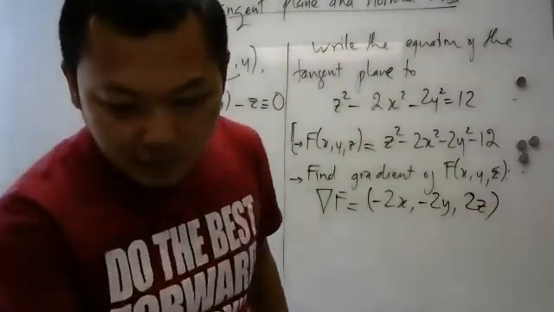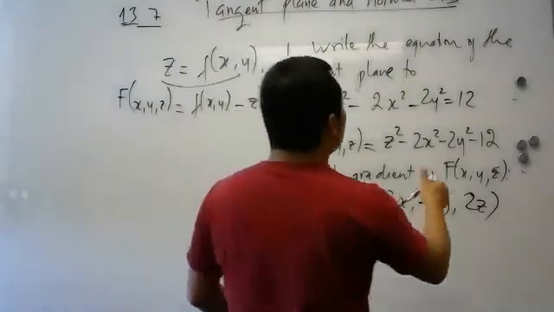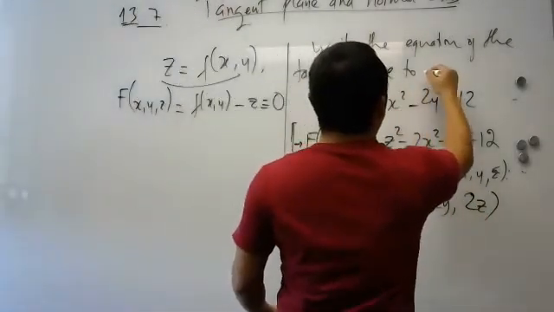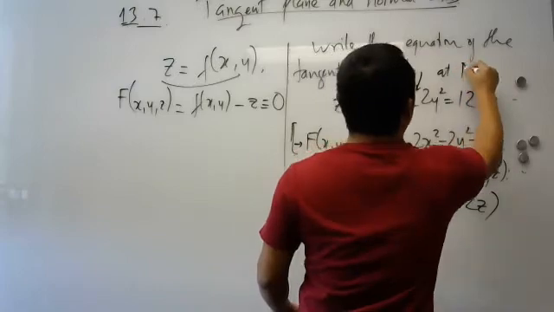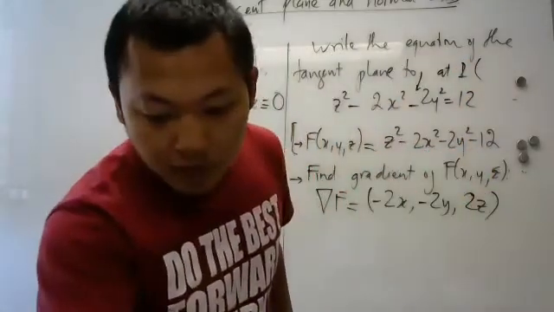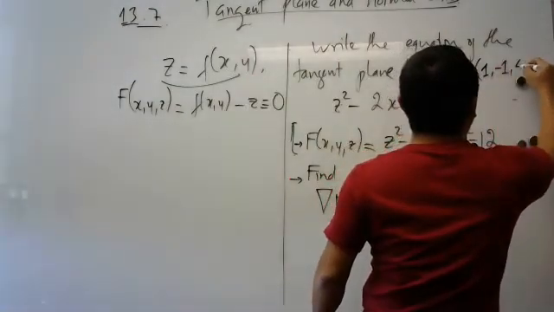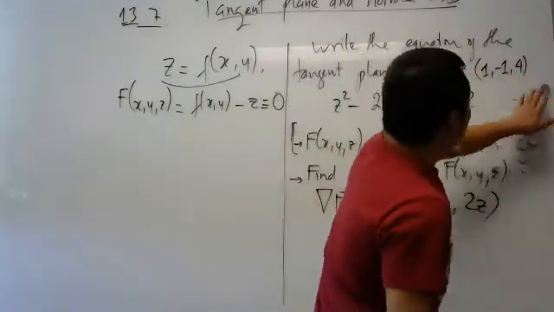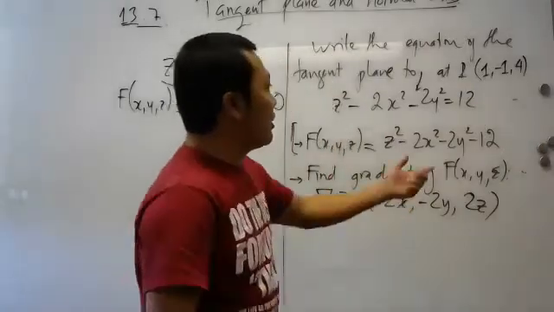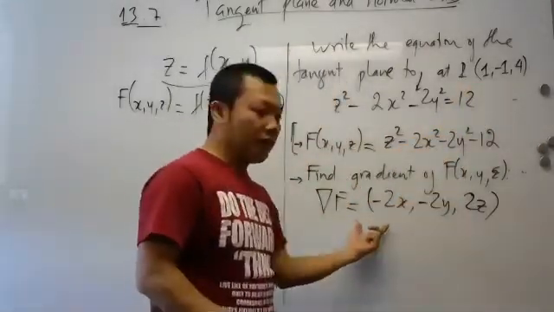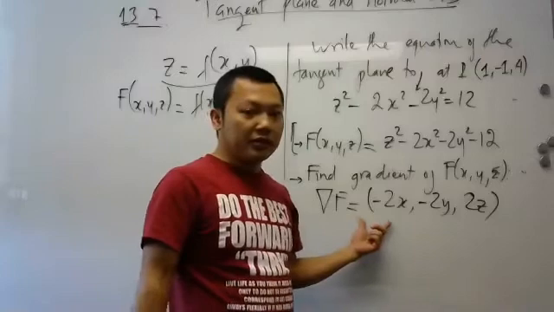I think I didn't give you the point. So let's say the point P is (1, -1, 4).